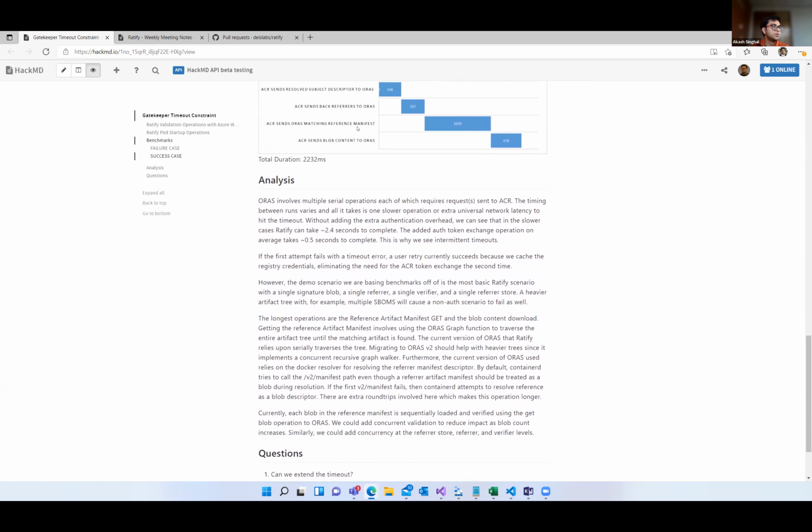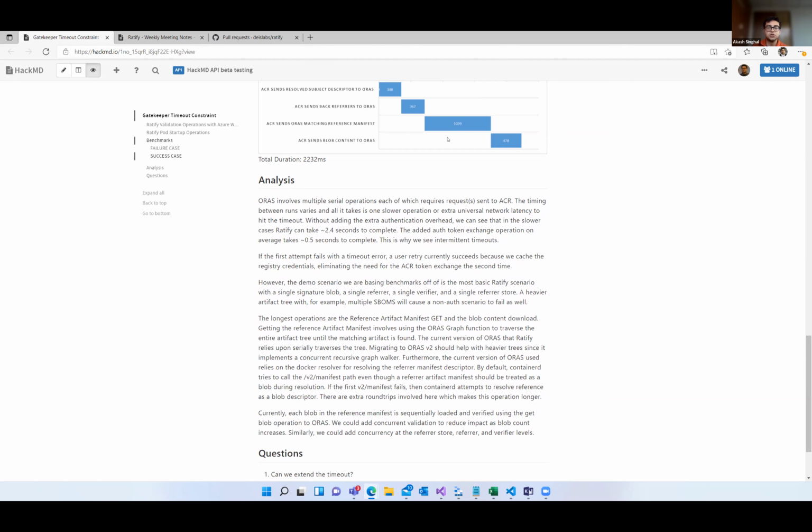The reference manifest grab is taking a long time because it has to walk the entire tree, and the current version of ORAS that we use serially walks the tree. So it doesn't have any sort of concurrency built into it. That is also one way that, if the artifact tree gets heavier, this issue could grow out of control in the future.